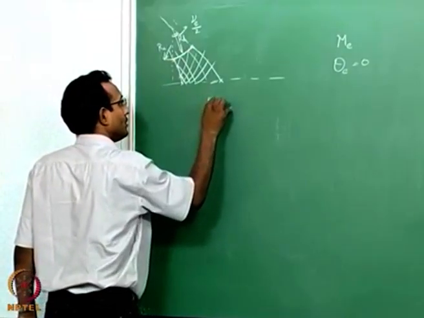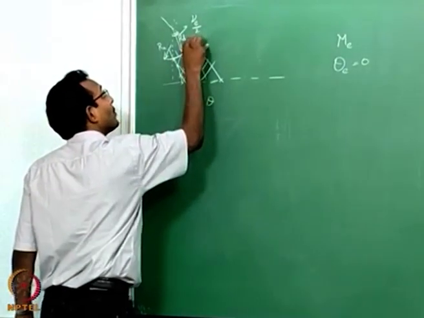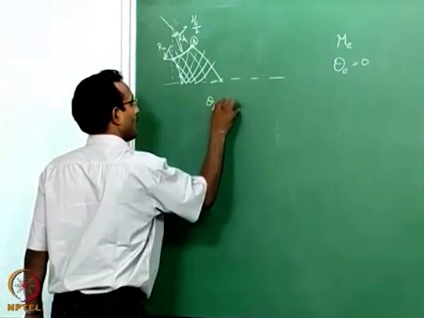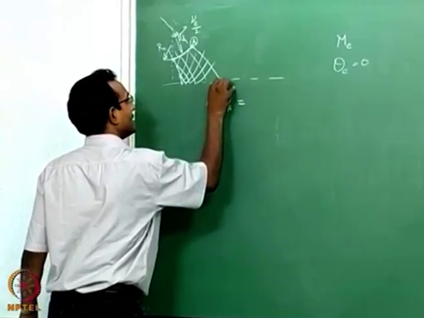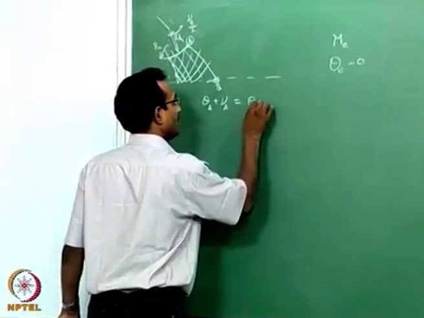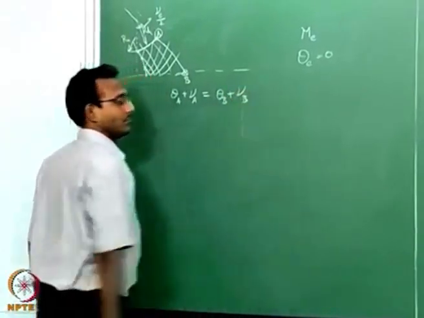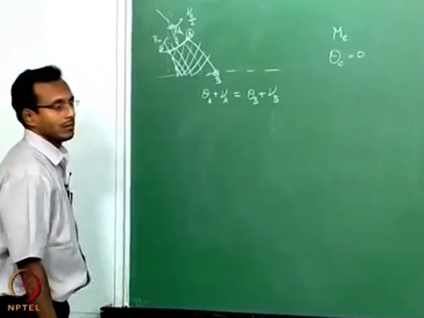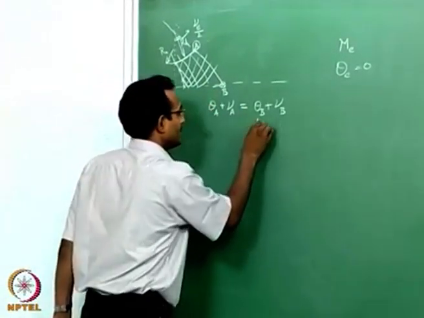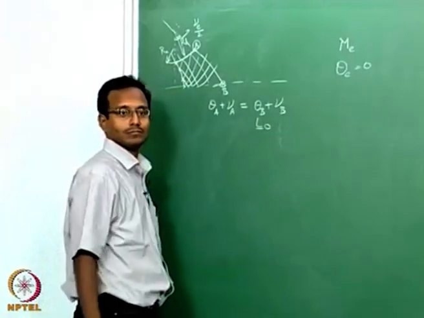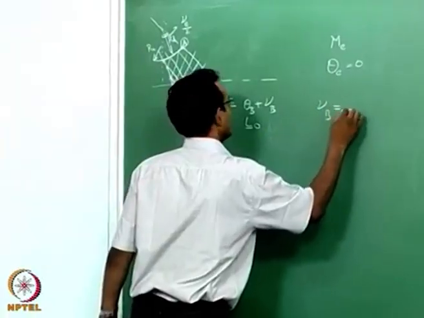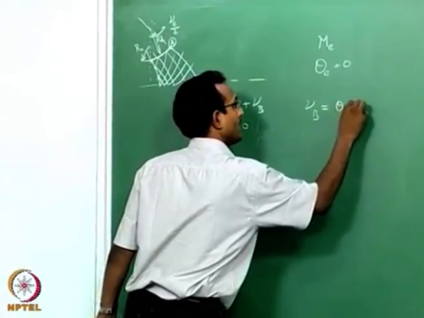So, let us label this point as A. Theta A plus nu A is equal to, let us label this point B, theta B plus nu B, this is known. Now, we also know that B is a symmetry point, so theta B is equal to 0. So, my nu B is equal to theta A plus nu A.